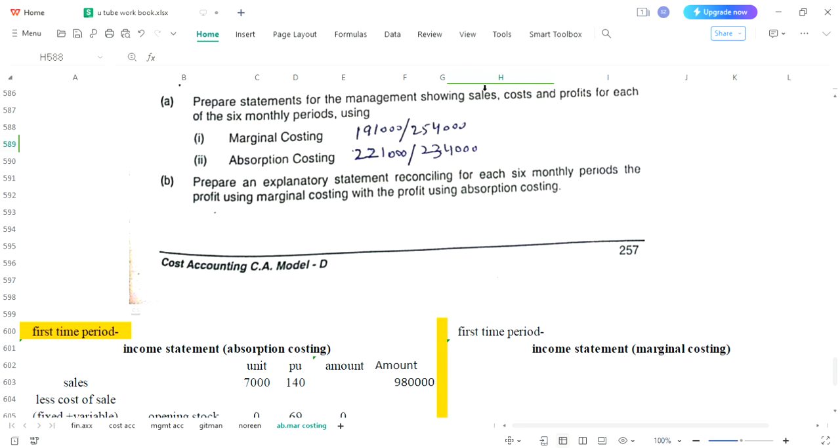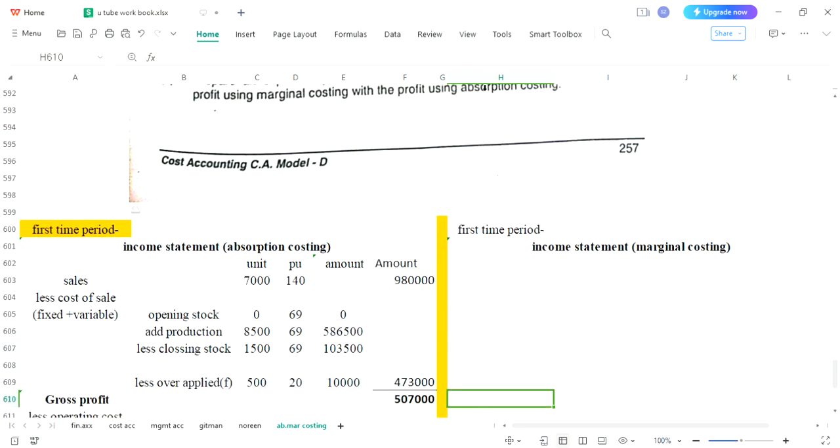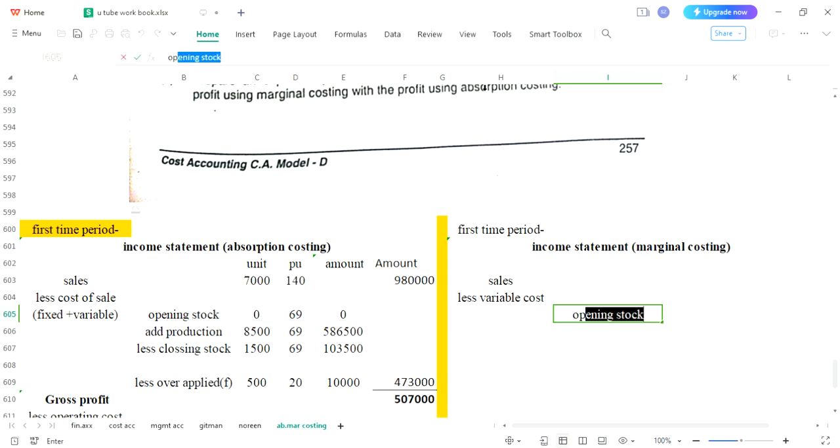How will you start? We are not looking at the question at first stage. We will be making the format. First thing first is sales, and then you will subtract your variable cost, and this variable cost would have opening stock, and then you will add production cost and subtract your closing stock.